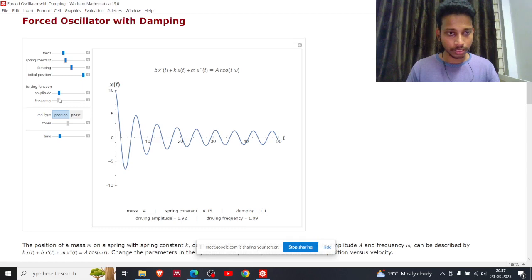Now here you can see that when the ratio of this mass and spring constant is almost 1 and the driving frequency is also 1, you can see that these oscillations are not reducing exactly. You can say this is kind of a resonating situation.